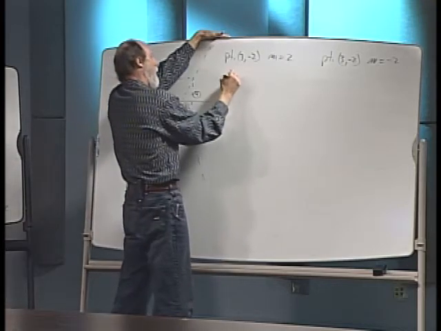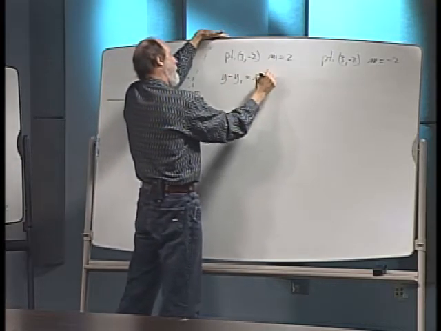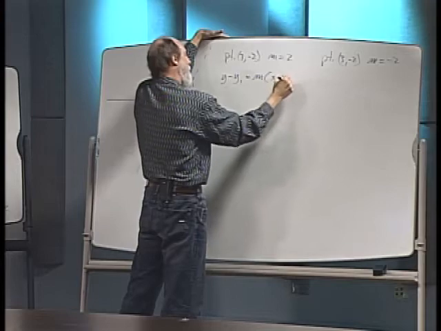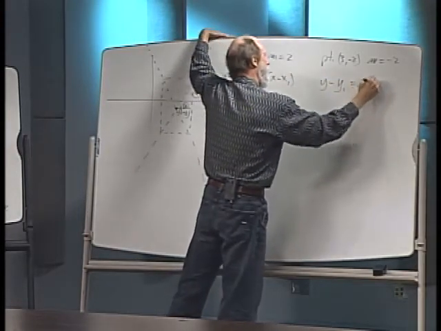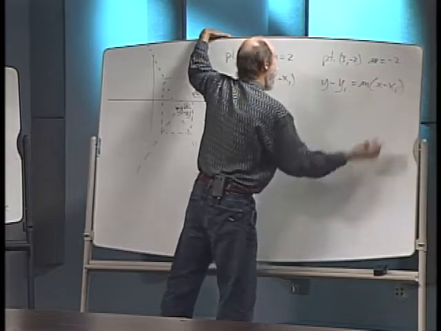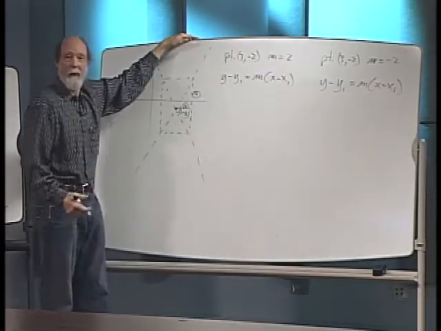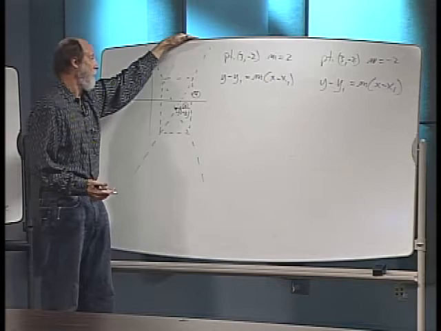So recall y minus y1 equals m times x minus x1 from your algebra background.